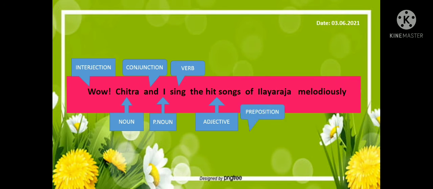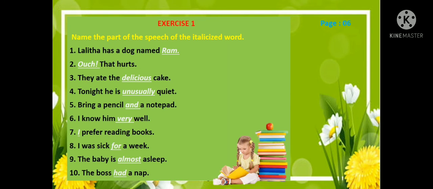Sing is an action word, a verb. The hit songs, adjective. Of is a preposition. Ilayaraja, noun. Melodiously, adverb. How do they sing? Melodiously. So melodiously is an adverb.